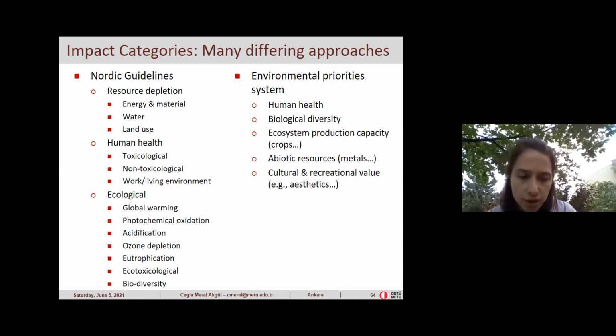And in ecological, we have global warming, photochemical oxidation, acidification, ozone depletion, eutrophication, ecotoxicity, and biodiversity. When you think of the environmental priorities system, the first thing is human health, then biological diversity. We have then ecosystem production capacity, abiotic resources, and cultural and recreational value.